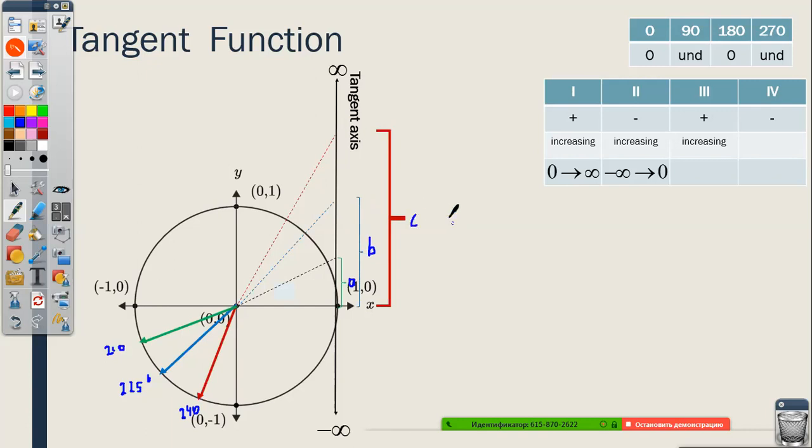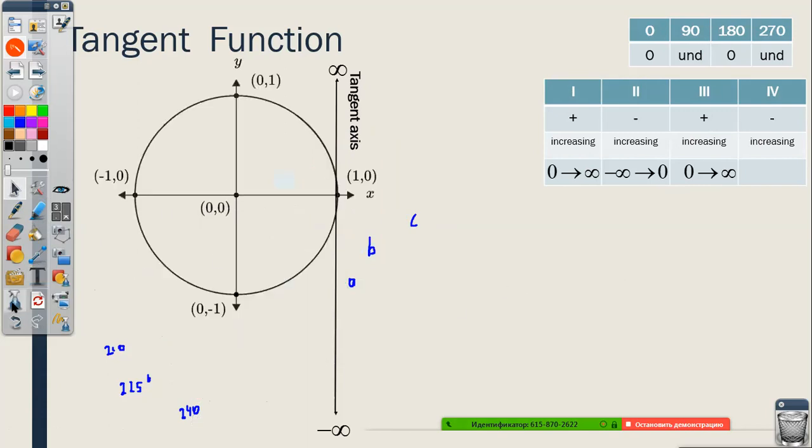So the greatest one is c, then b, then a. So in the third quadrant tangent is increasing, from 0 going to infinity.